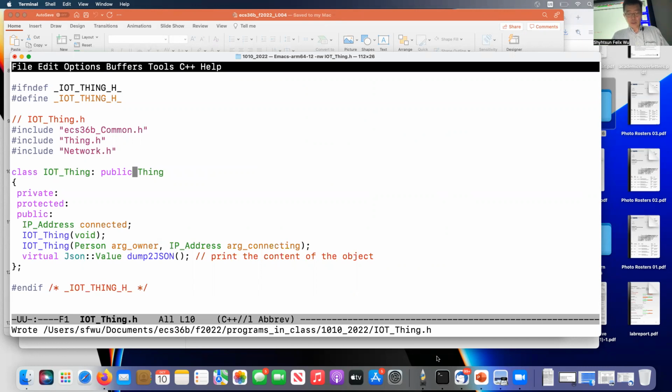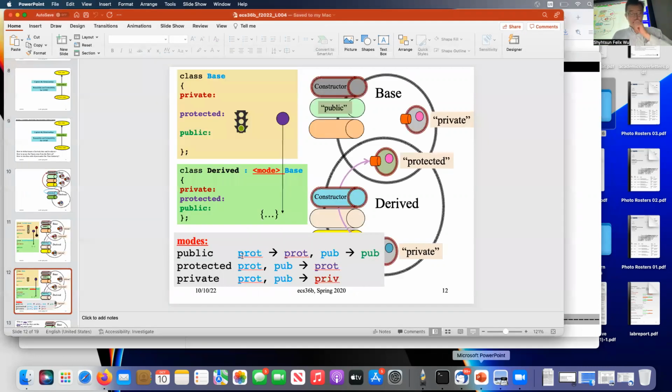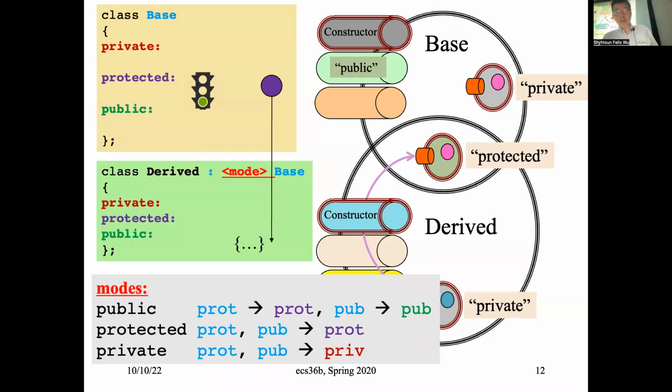Now I'm going back to this slide. It's my last slide I want to talk about today, and I will continue a bit more on Wednesday. When you say public, if the parent is protected, then the child is protected, so everything is the same. The parent is public, the child is public.